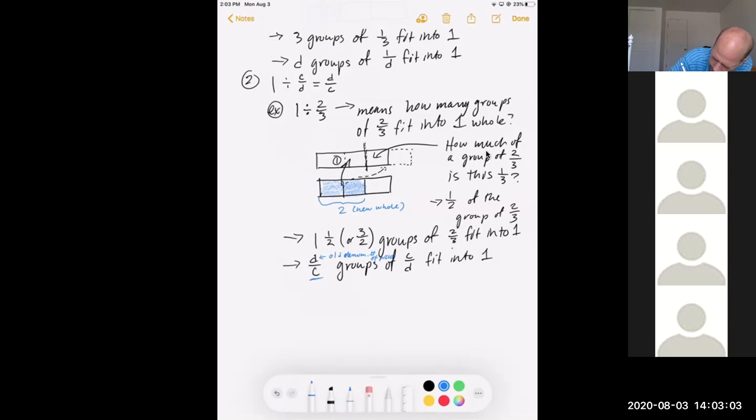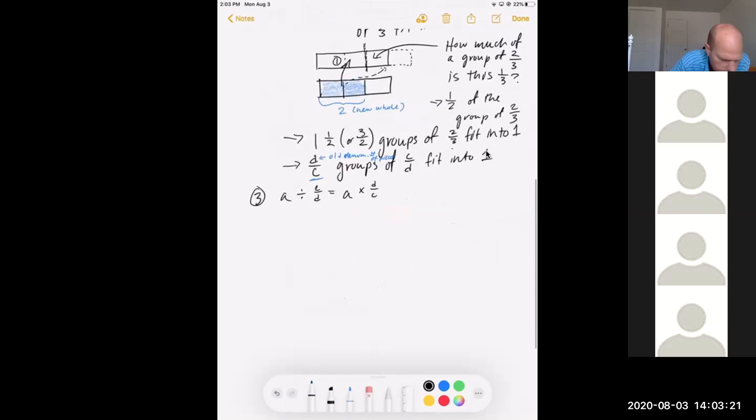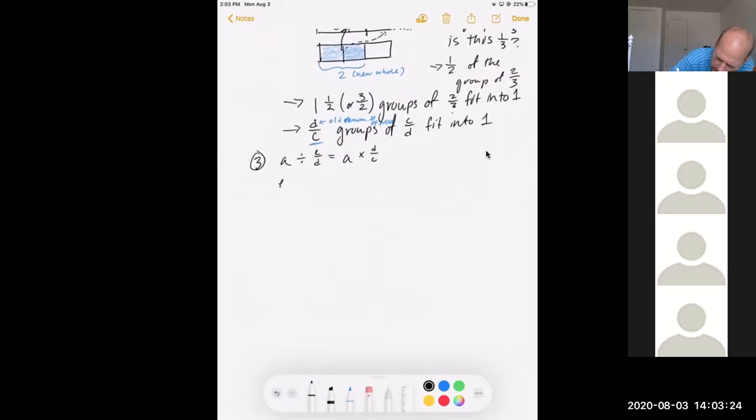Let's keep building. We have a whole number divided by C over D. We're going to show that that's equal to the whole number multiplied by D over C. So for example, instead of 1 divided by 2/3, we have 4 divided by 2/3.